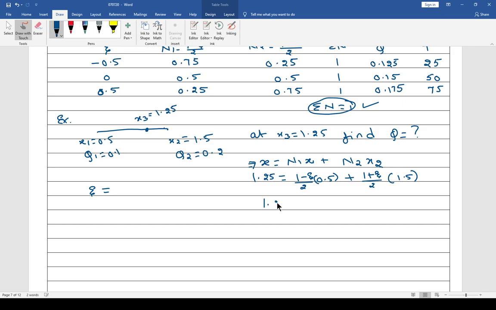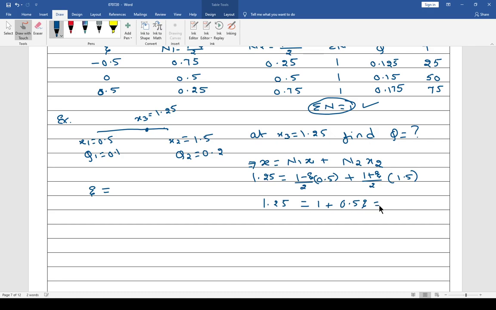So this is 1.25, 1 plus 1, so this is going to come 1.5, and 0.5, this is minus, so this is 1 by 2, so I could write 0.5 zeta.